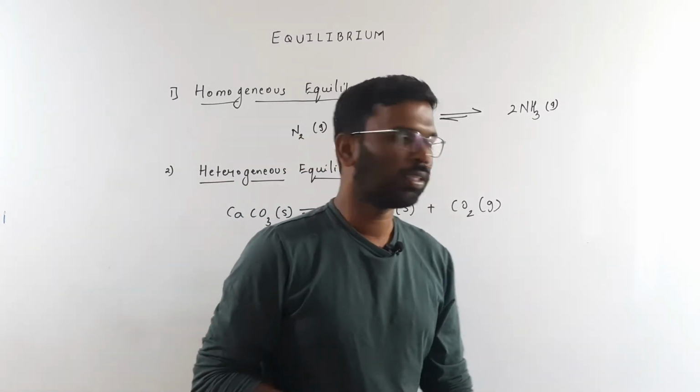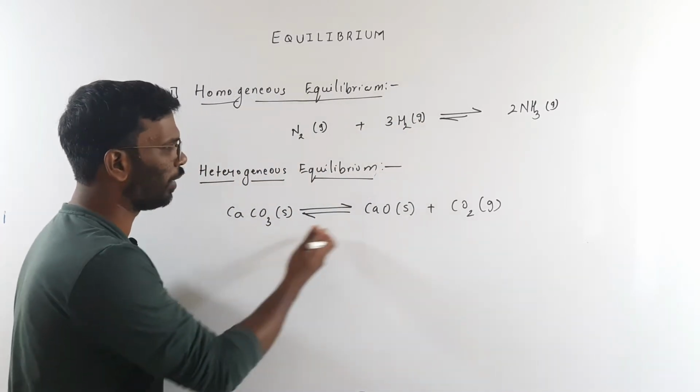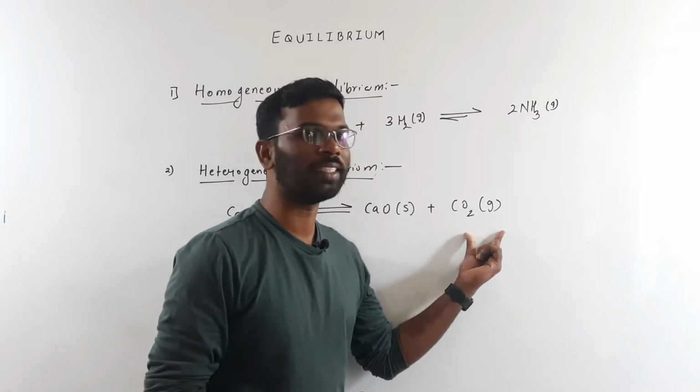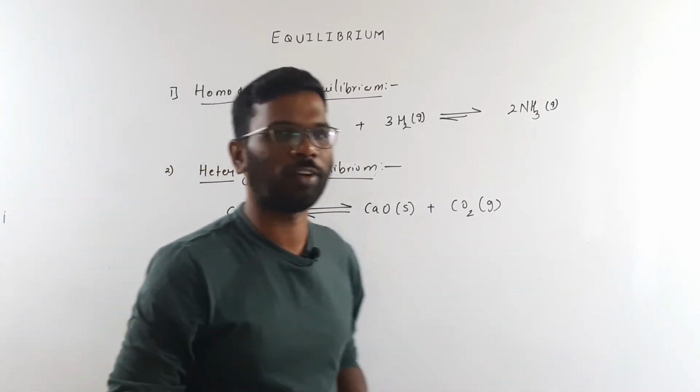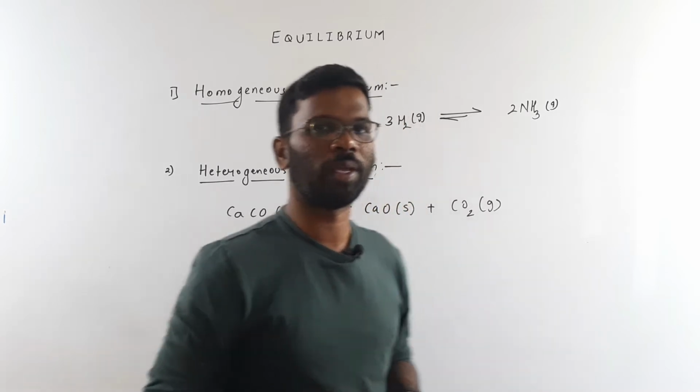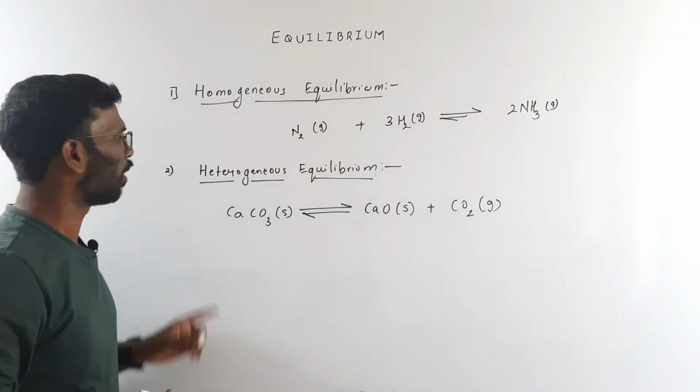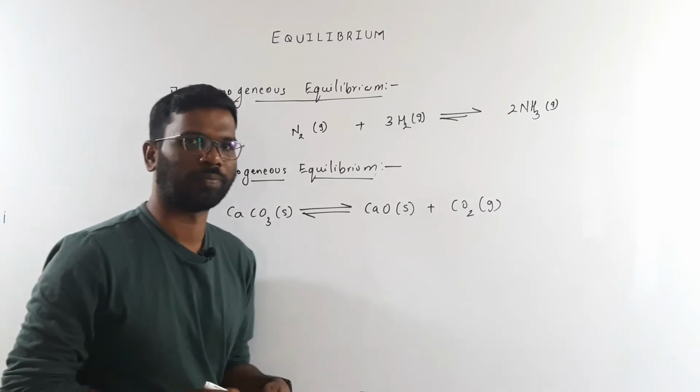If you see, this is calcium carbonate, which is solid. The product forms are one gas and the other solid. So here the reactants and the products are in different phases. This type of equilibrium is called a heterogeneous equilibrium.